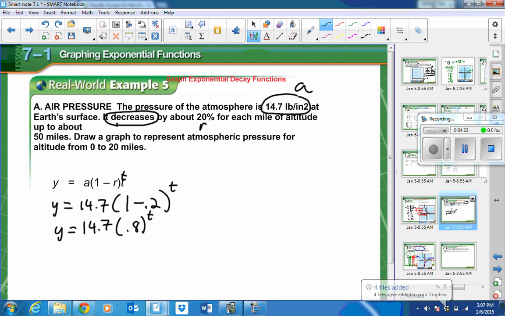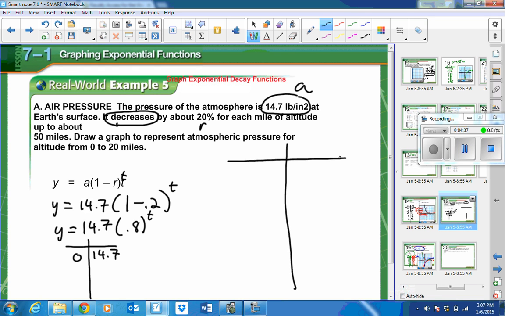Now it says draw a graph to represent the atmospheric pressure for an altitude from 0 to 20 miles. Well, to do that graph, you would start plugging in where T is 0. What would you get? Well, you get 14.7 because that's your initial amount. You could sketch the graph. You don't have to do every single point from 0 to 20 because that would be a little bit insane, but I'll just do 10 and 20.